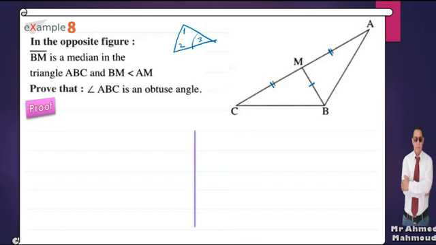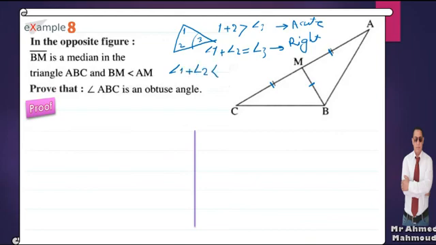If angle 1 plus angle 2 is greater than angle 3, then this represents an acute-angled triangle. And if angle 1 plus angle 2 equals angle 3, this represents a right triangle. Finally, if angle 1 plus angle 2 is less than angle 3, this represents an obtuse triangle.